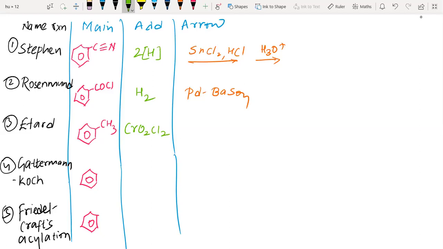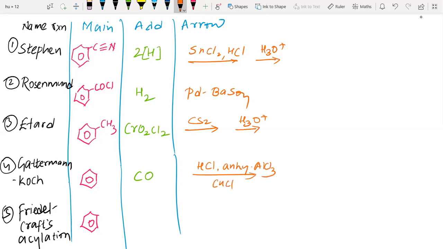Here also we have a 2-step process. So we'll write carbon disulfide here, and next we do acid hydrolysis. For Gattermann-Koch reaction, we add carbon monoxide, and on the arrow we can write HCl, anhydrous AlCl3 and CuCl.